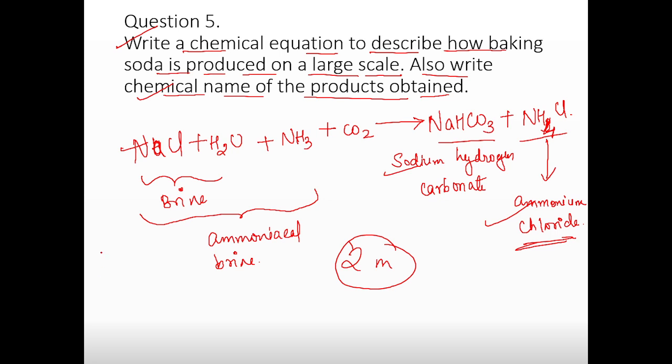The question will always be in the point format or the parts format. So whatever question you are attempting, just divide the marks. The first part, the writing of the reaction, contains 1 mark, whereas the names will contain 1 mark, right? So differentiate the marks when you see the question, and then accordingly write the answer.